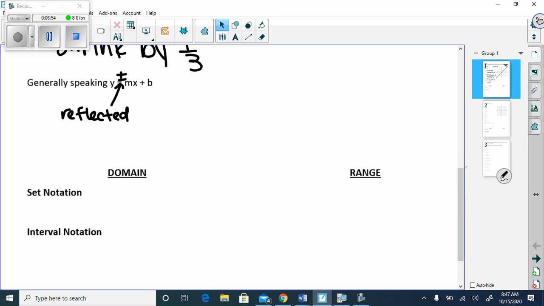Okay. And then the m. The m is the two that we had last. So there was a 3 or a 1/3. So depending on what the number is, what is that going to do to our graph? Right. Changes our slope. It might make it stretch, it might make it shrink, it just depends on the number. So the m is going to control stretch and shrink.